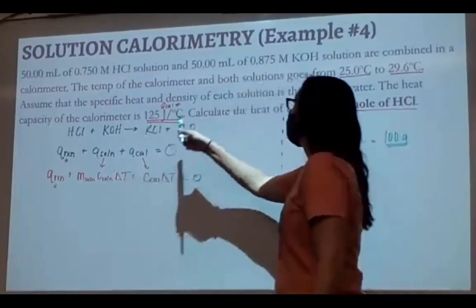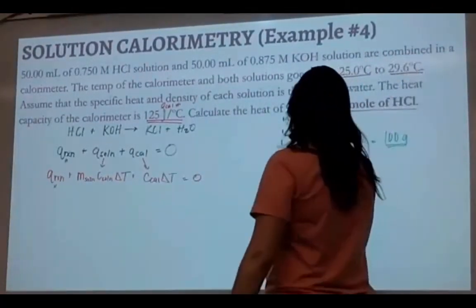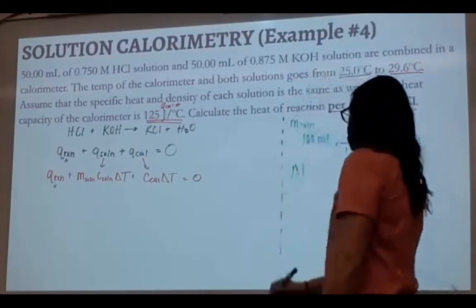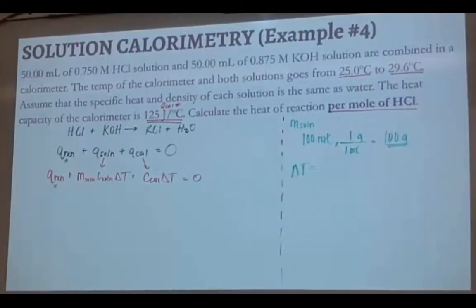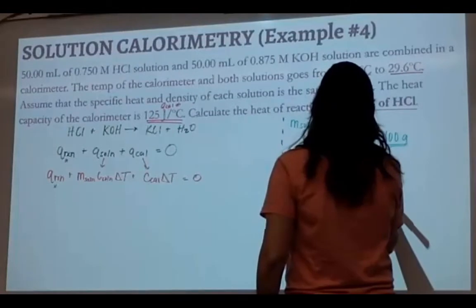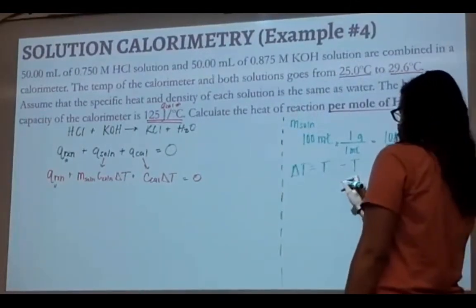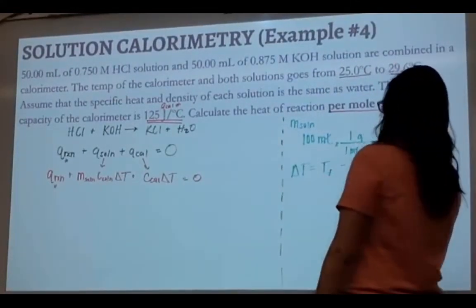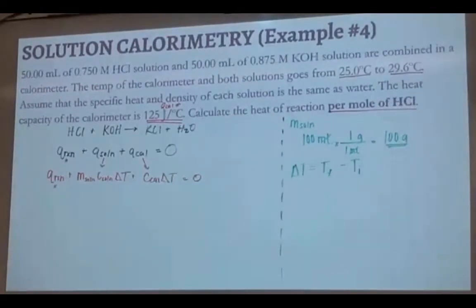Okay, so for C, they gave us the specific heat. I just want to calculate delta T over here as well. How do I calculate delta T? What minus what? Which temperature do I subtract from which? Final minus initial. Every single time it's final minus initial.